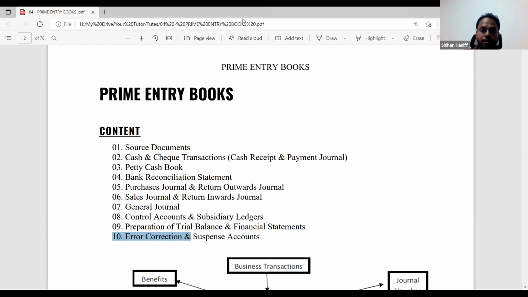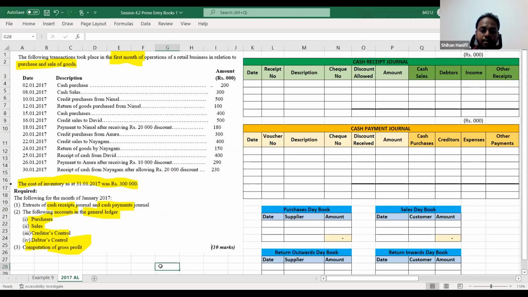Then we are discussing a past paper, the 2017 A-level paper. In this question, they are requesting us to prepare the prime entry books. Here we can prepare the cash receipt journal, cash payment journal, purchases day book, sales day book, return inwards day book, and return outwards day book.